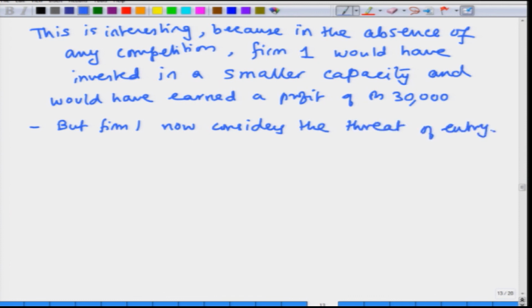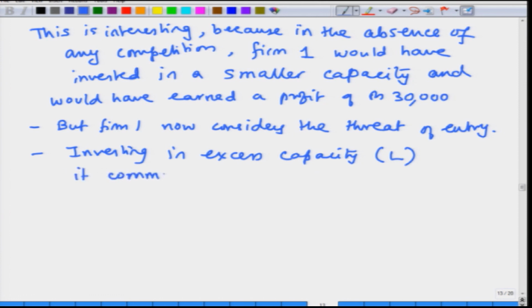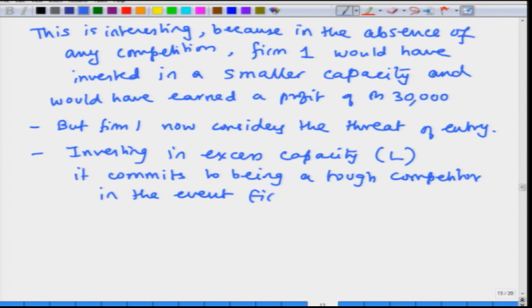by firm 2. So, the rational firm 1 then calculates that by investing in excess capacity, which is over investing in capacity by building a larger facility L, it commits to being a tough competitor in the event firm 2 decides to enter.